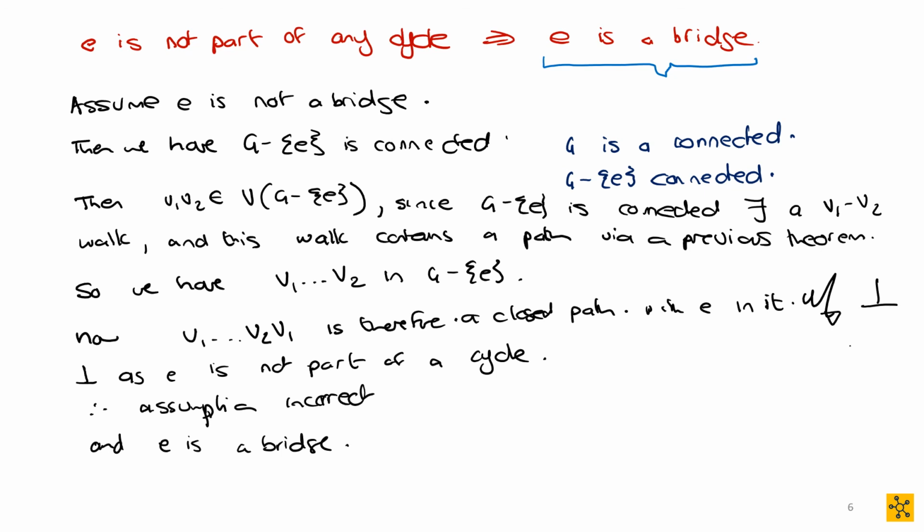If you remove E, you still have that walk, right? Because it's connected. Now we're saying we can double back from V2 to V1, and there is going to be a closed path with E in it, which is a contradiction because E is not part of any cycle. And therefore the assumption is incorrect and E is a bridge.